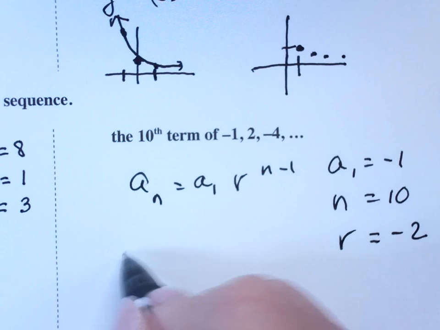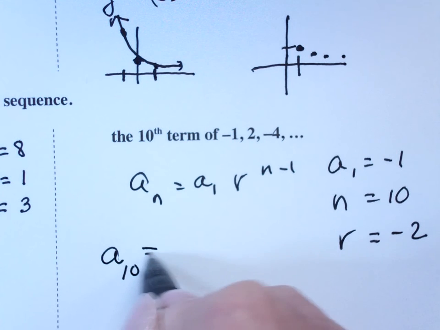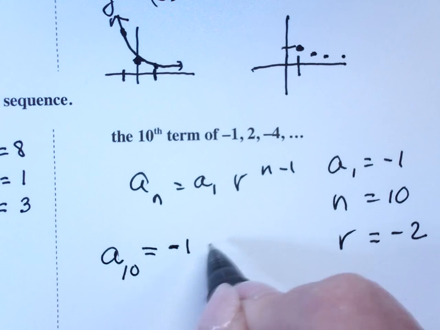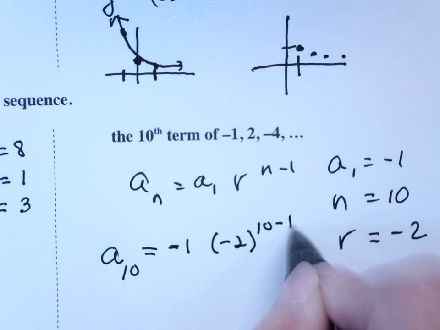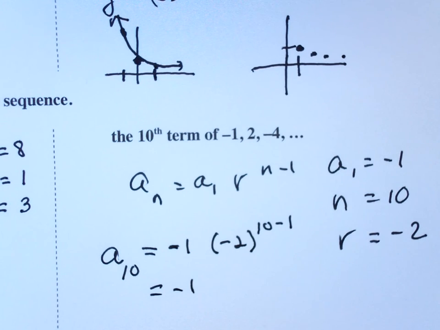So a sub 10 is a sub 1 times r to the 10 minus 1, which is minus 1 times negative 2 to the 9th. So minus 1 times negative 2 to the 9th is 512.